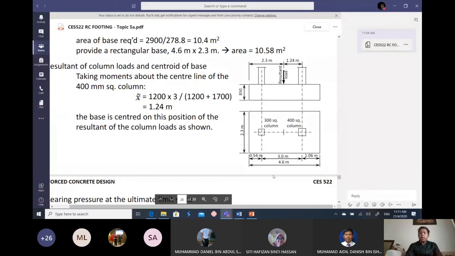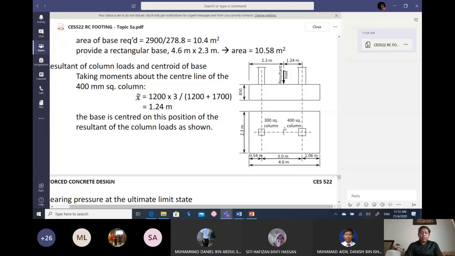For example, the distance between the center of this column and this column is 3 meter. If you have a pad footing here with a size of 2 meter, and here 2 meter, they will clash with each other at the center. So that's why we are using a combined footing.